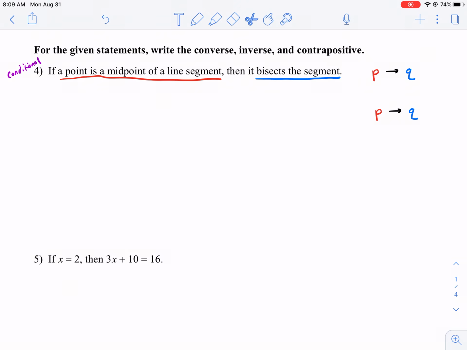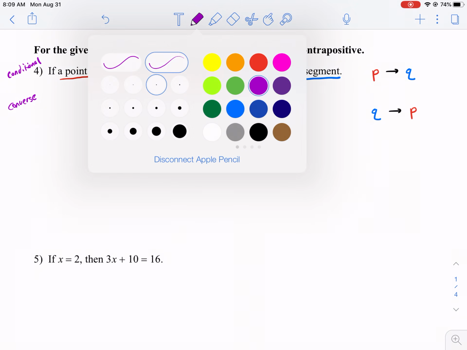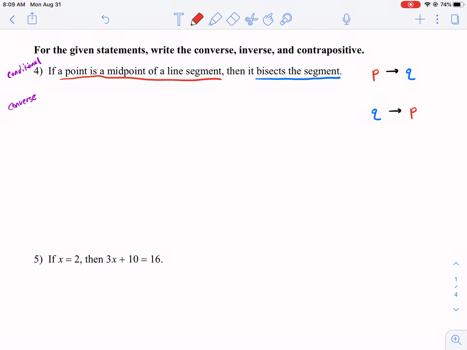But for the converse, which is the next form, it's not P arrow Q. It's not if hypothesis then conclusion. It is if conclusion then hypothesis. So we just need to switch this around. I'll write this once, and then again I'll copy and paste.